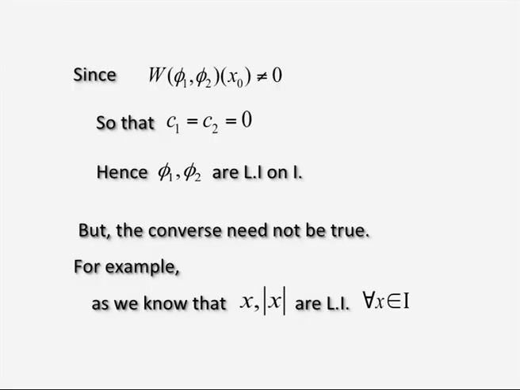As you know, this is the Wronskian of φ1, φ2 at x naught from the definition of the Wronskian. From the hypothesis, the Wronskian of φ1, φ2 at x naught is not equal to 0, so we have C1, C2 equal to 0. That means both C1 and C2 are zeros. Since both are zeros, from the definition, the given functions φ1, φ2 are linearly independent.